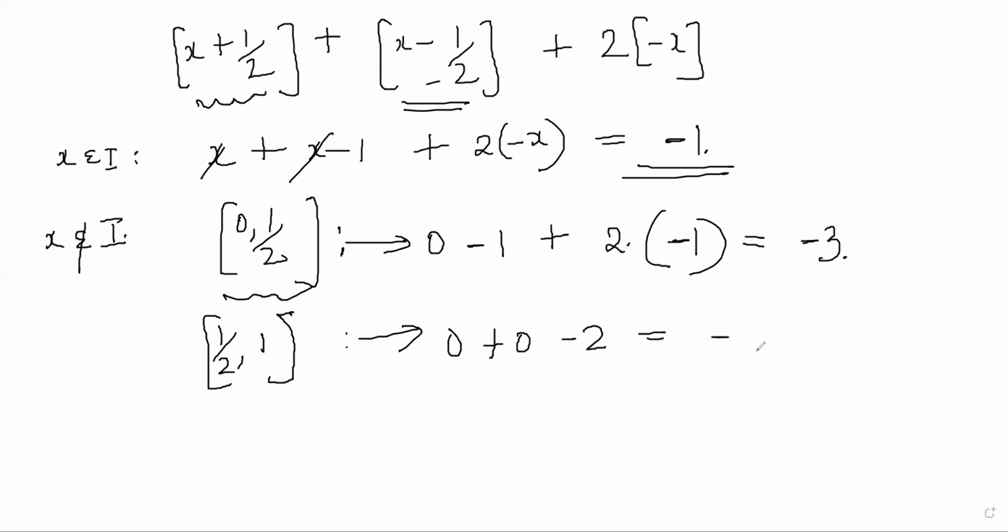So the function is always -1 at integer points, and in different ranges the function has different values, no? It's not periodic then, obviously. It is constant from 0 to half, then suddenly it is -3 there, then suddenly it rises up to -2, right?